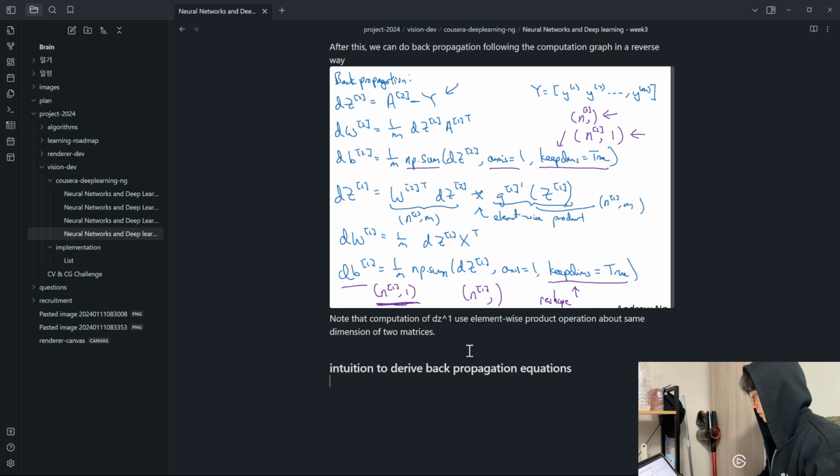And we're going to write dW2 and dB2 down here below. You have that dW2 is equal to dZ2 times A1 transpose, and dB2 equals dZ2.